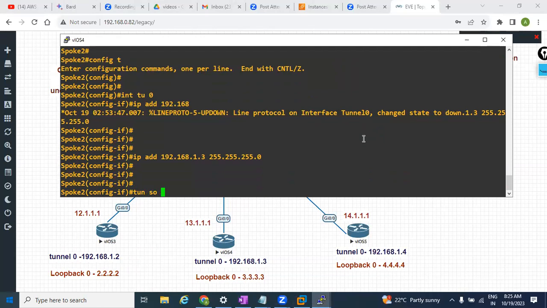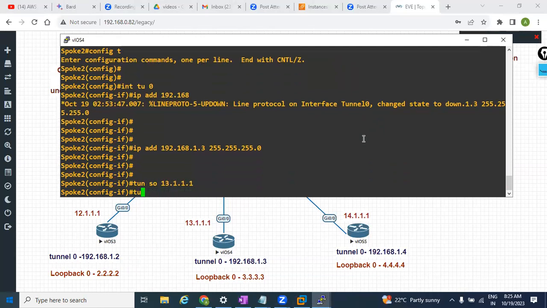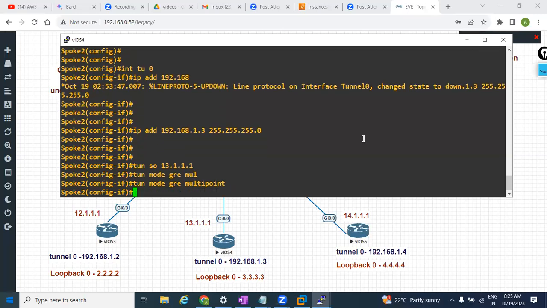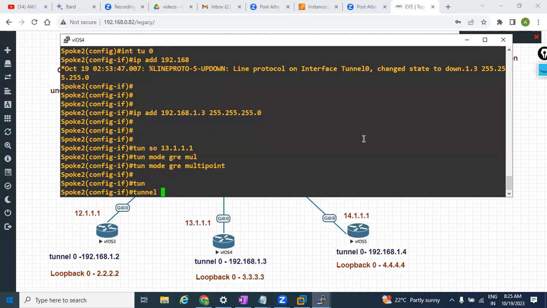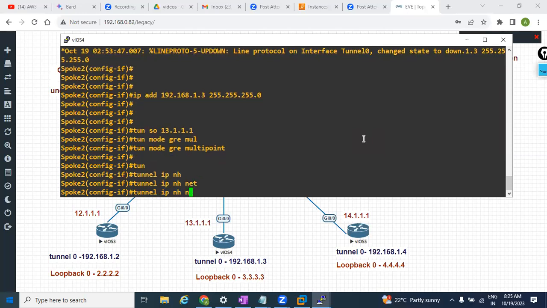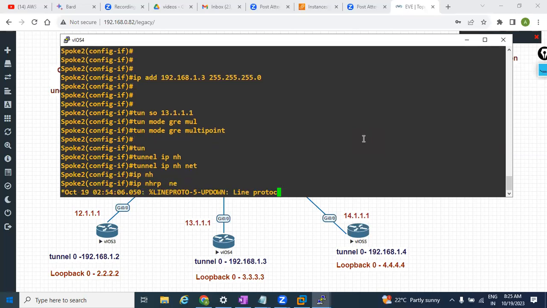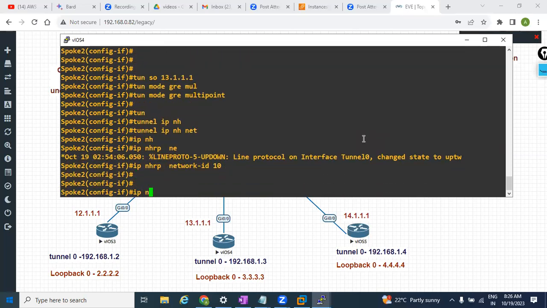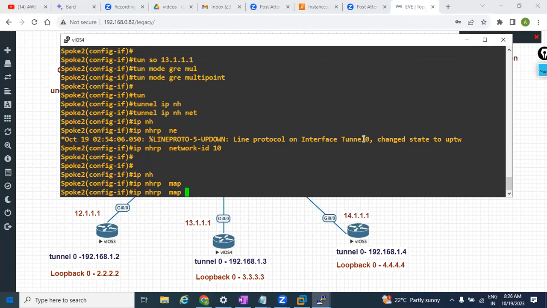Tunnel source is what? 13.1.1.1. Tunnel mode GRE multipoint. Then tunnel IP NHRP network ID 10. IP NHRP map.